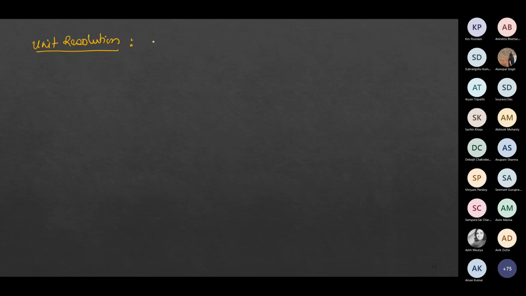Let us take a quick example, say P or Q, and you have, say, not of P. Here you can see that we have one clause which is involving one literal. That's why this kind of resolution is called a unit resolution. And we'll see that unit resolution will be playing a very important role in devising efficient solvers. So this is very important to us.